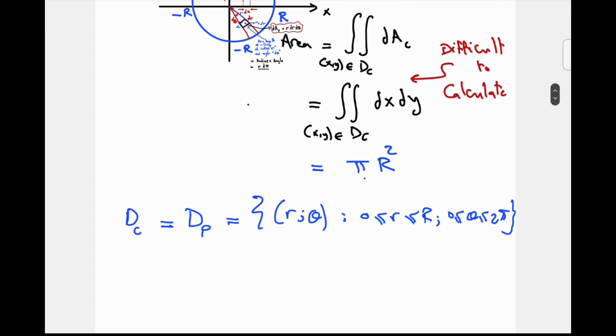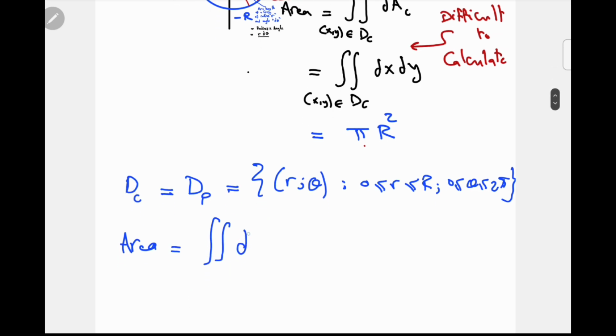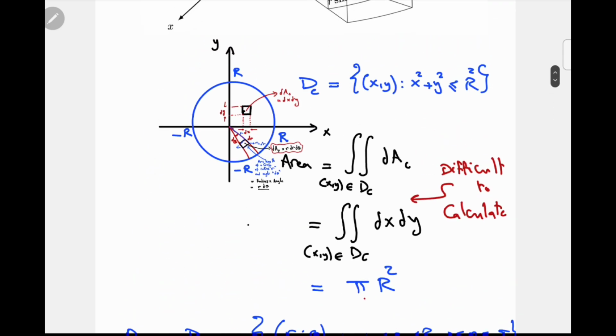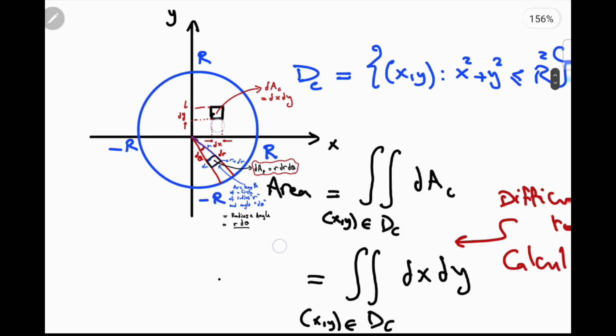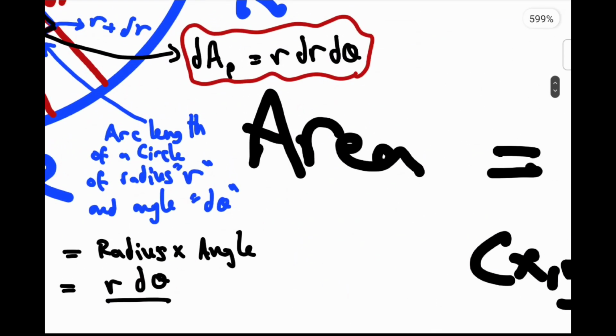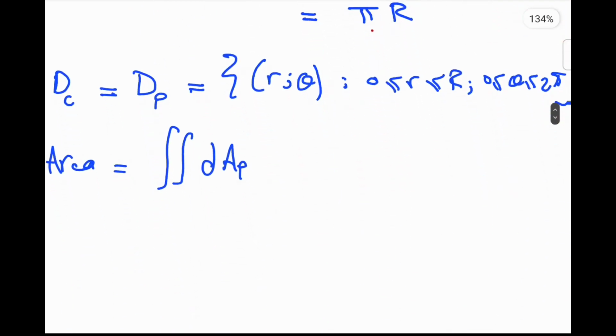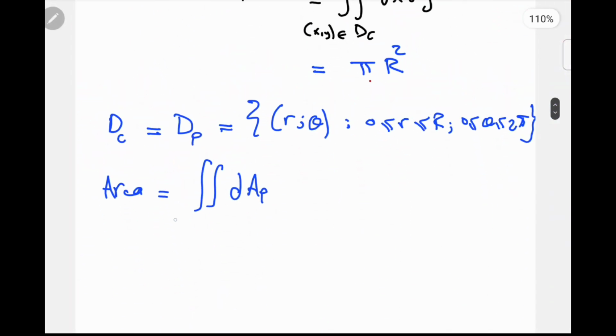So in this case, the area can be expressed as the double integral of the differential area dAP, which is this one, over all the points r, theta that belongs to DP.